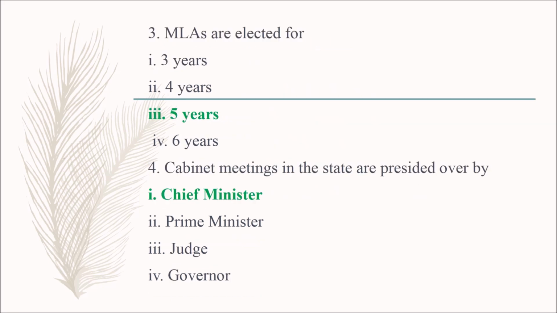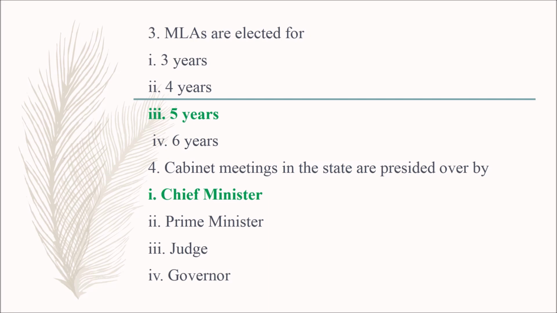Question number 3. MLAs are elected for option 1 3 years, option 2 4 years, option 3 5 years, option 4 6 years. So the correct answer is option 3 5 years. Question number 4. Cabinet meetings in the state are presided over by option 1 Chief Minister, option 2 Prime Minister, option 3 Judge, option 4 Governor.